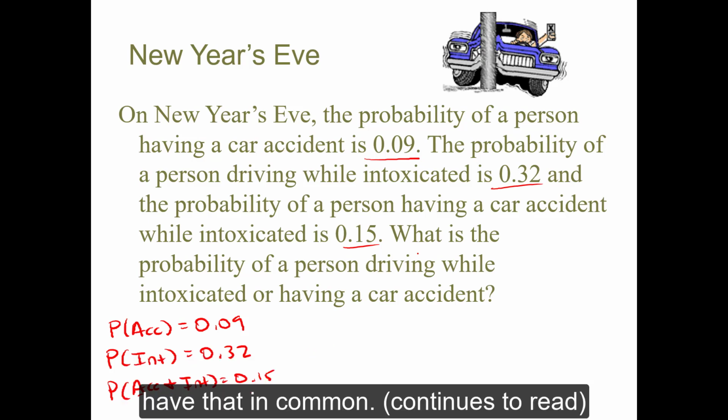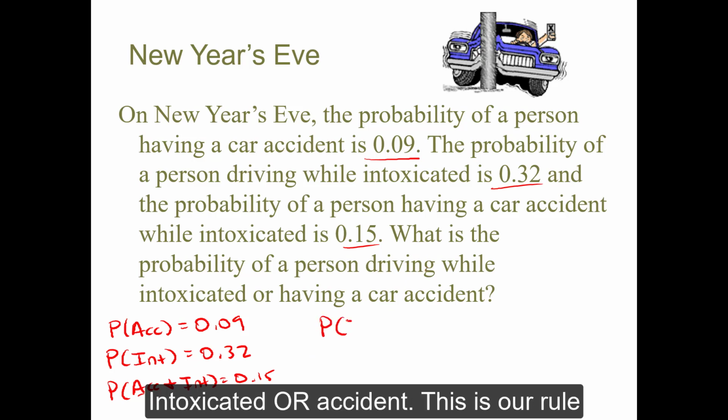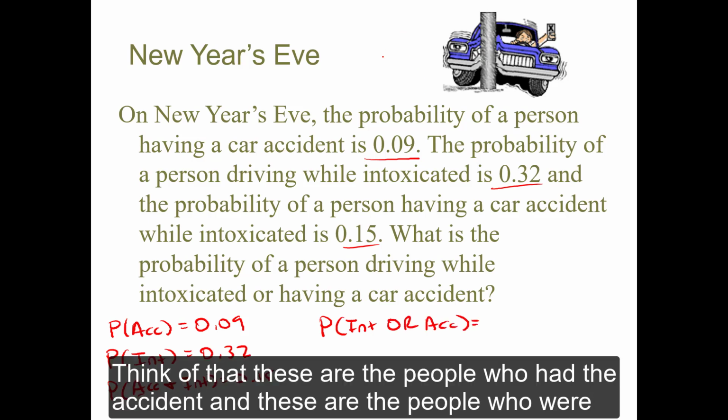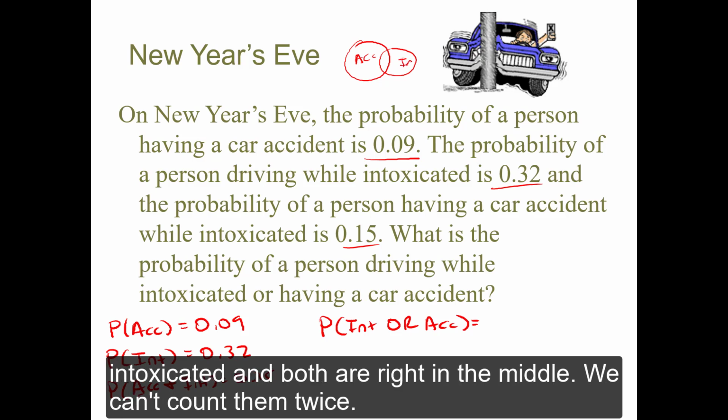We want to know the probability of a person driving while intoxicated or having a car accident. So intoxicated or the accident. This is our rule, right? So think of, these are the people who had the accident. Here's a group of people that were intoxicated, and the group right in the middle.